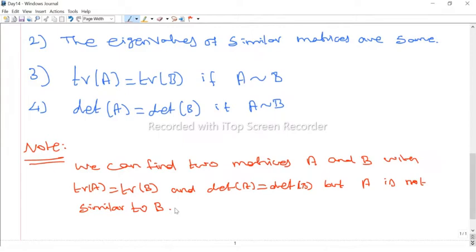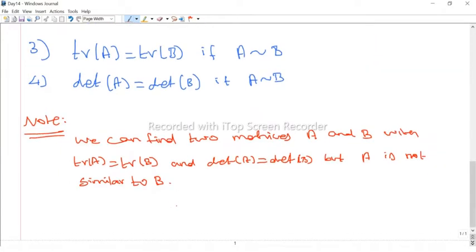That is, you can find two matrices whose traces are equal and whose determinants are equal, but A is not similar to B. You can always find such a matrix. Therefore, the converse need not be true. It's a very important note.